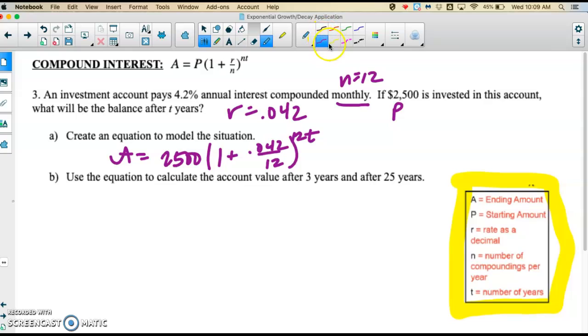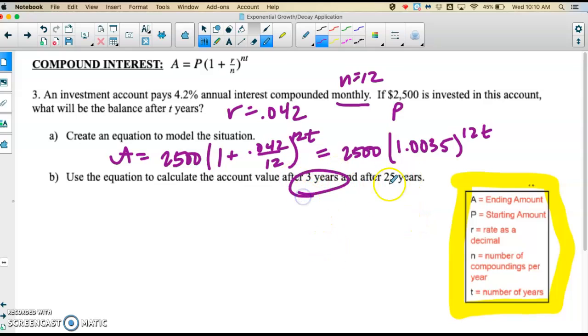I looked that up, and it looks like it is going to be 2,500 times 1.0035 to the 12t. Again, we're going to calculate after 3 years and then after 25 years. So go ahead and pause the video and plug that in for each one and see what you come up with. I'm going to pause as well, and then we'll compare our work.